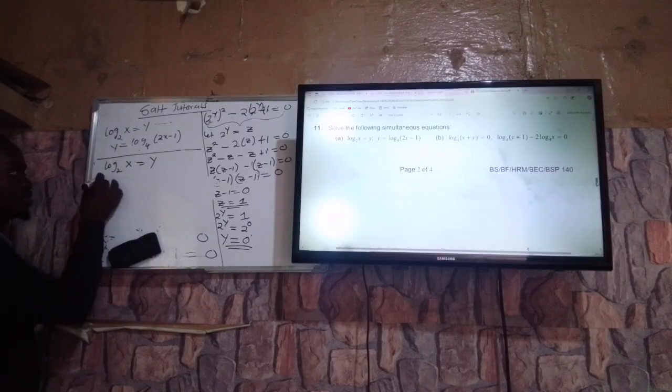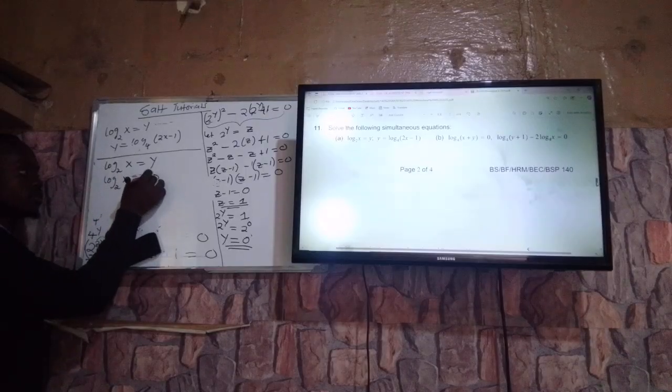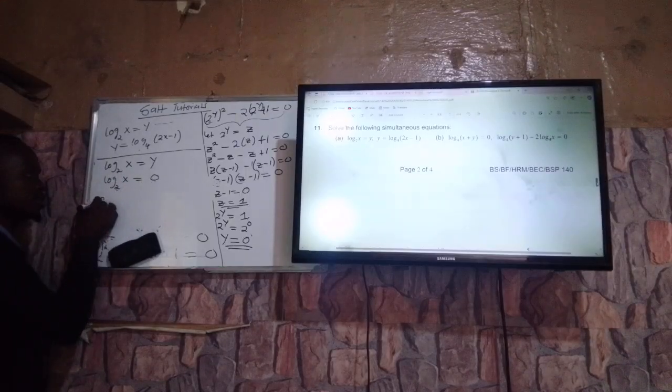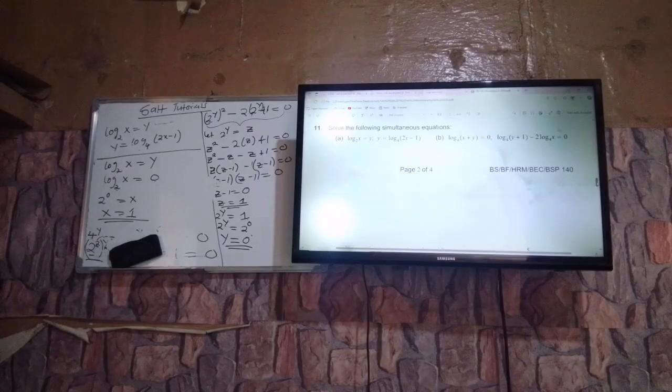Y is 0. What is your x? Log base 2 of x equal to 0. This implies that 2 power 0 should be equal to x. And this implies that x is equal to 1, because 2 power 0 is what? Is 1. As simple as that. You have solved your simultaneous equation. That is question 11a.